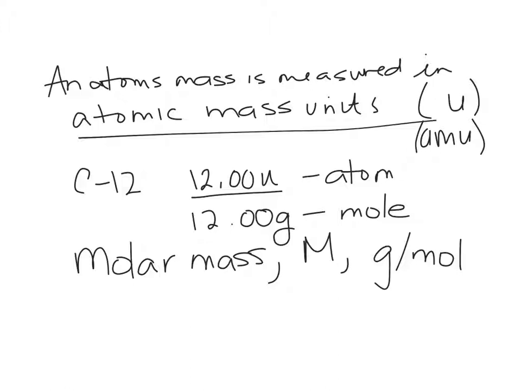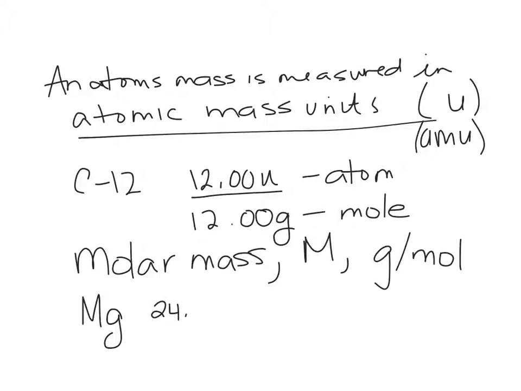Angela, pick an element. Magnesium. What is the mass of one atom of magnesium? 24.008.